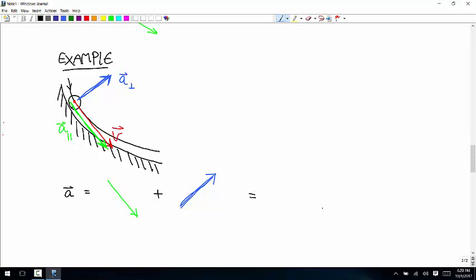To add those, you put them head to tail. I'll keep the same colors. So that one plus that one gives you a total acceleration like that.